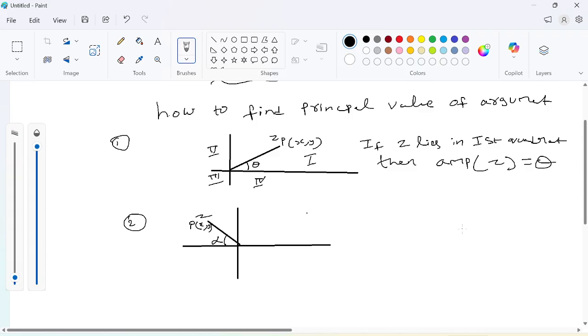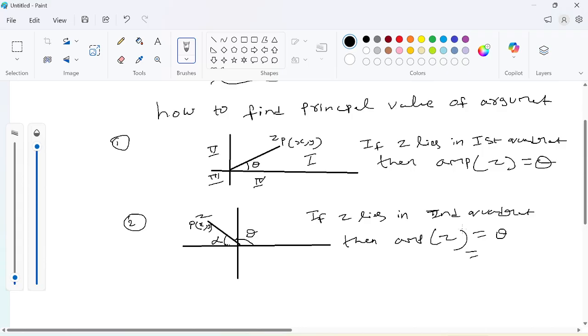Now if Z lies in the second quadrant, then the amplitude of Z: from here if you measure, it will be theta. So this still will be theta, but I want it in terms of alpha. So what will it be in terms of alpha? See, from here if you measure, this is alpha, this is theta.